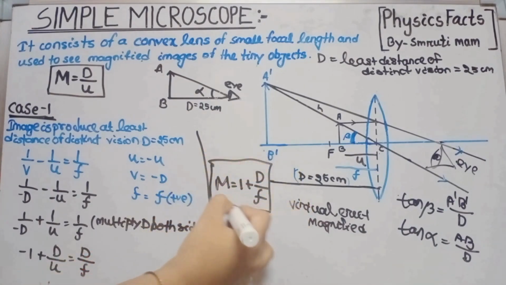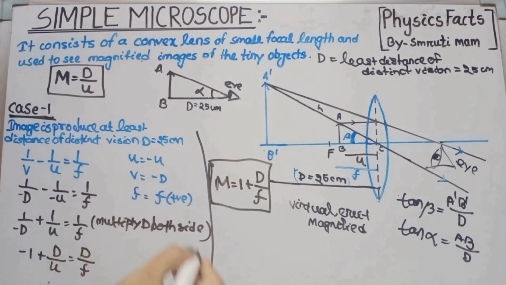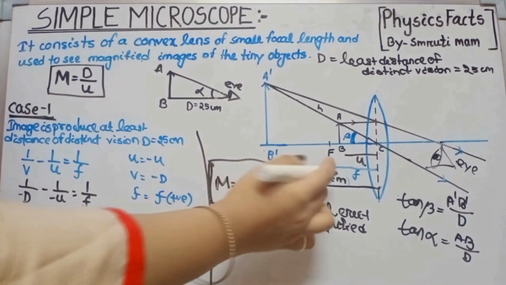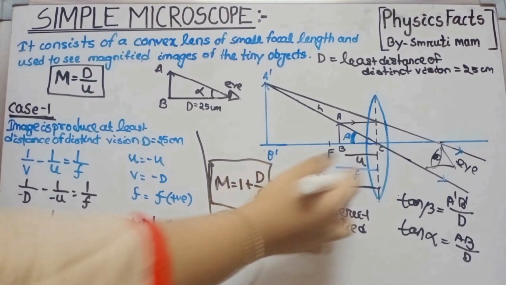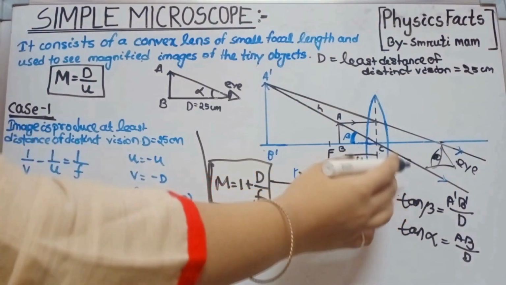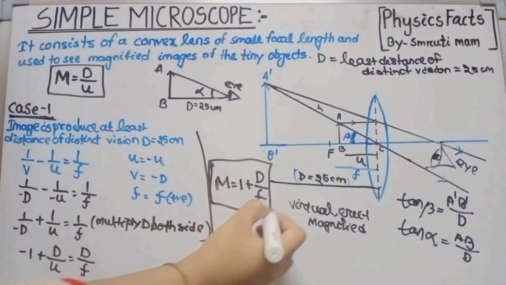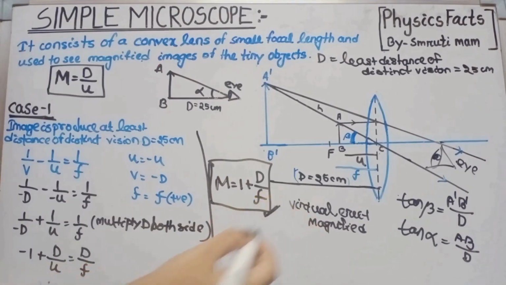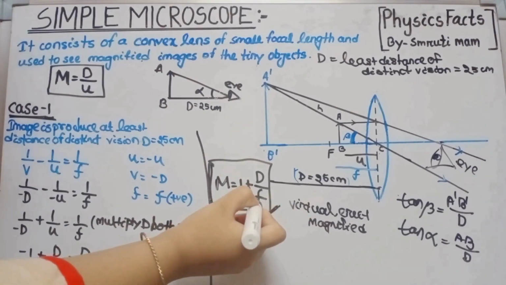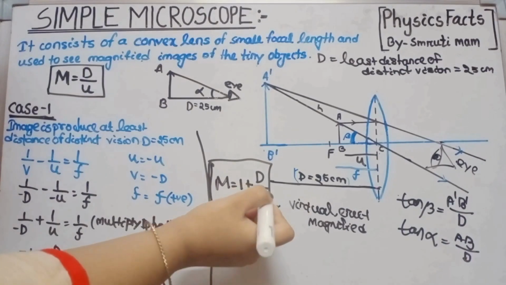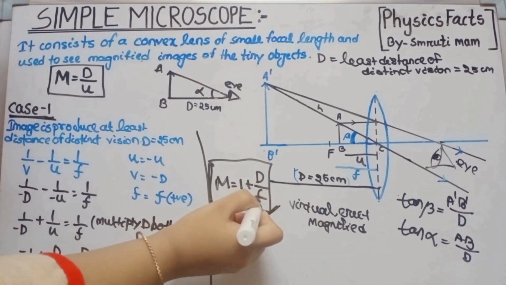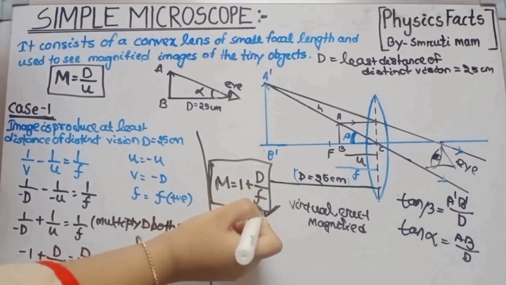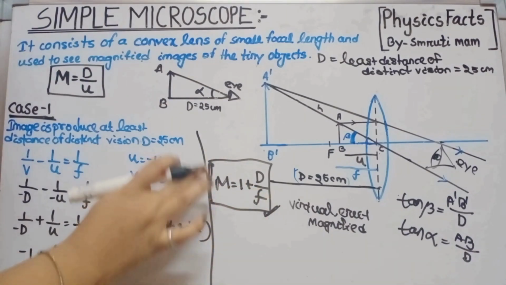So here what we got, that when that image is produced at least distance of distinct vision from us, this is the magnifying power. As the focal length of the convex lens is minimum, magnifying power is maximum.